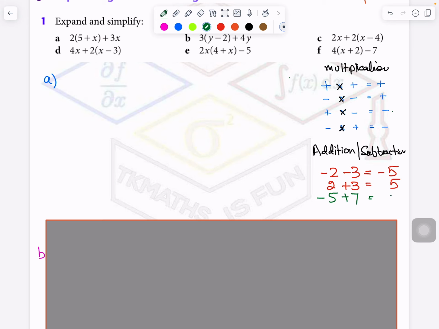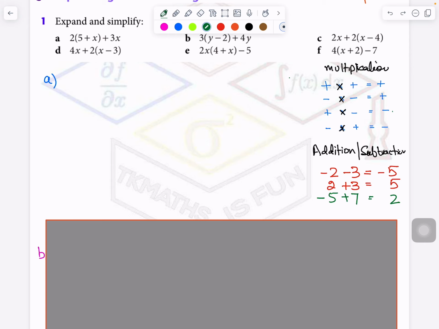It will be 2. Now what sign will you write along? That is important. You will always write the sign of the bigger numeral. What is the bigger numeral here? 7. What is the sign of 7? Plus. So that's why it will be +2. And we do not write the plus; we leave it as it is.